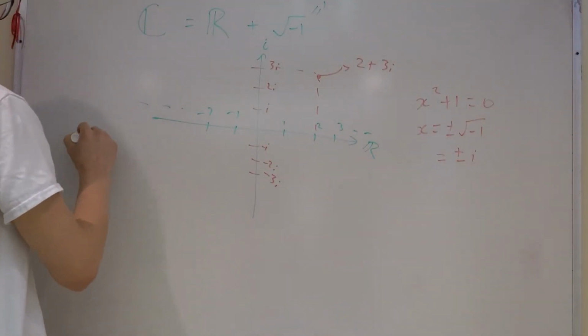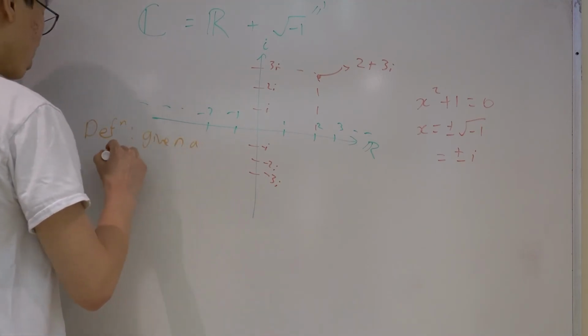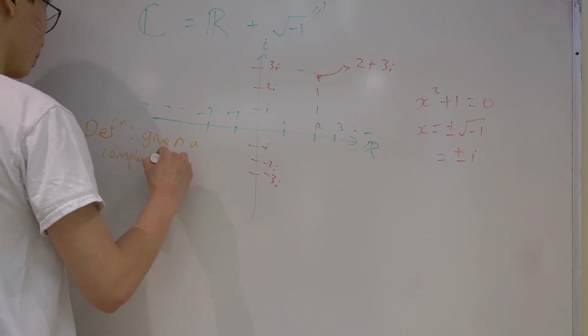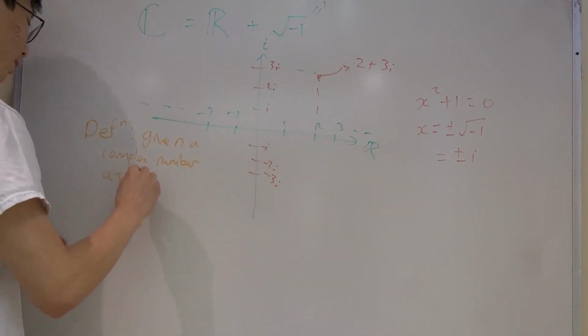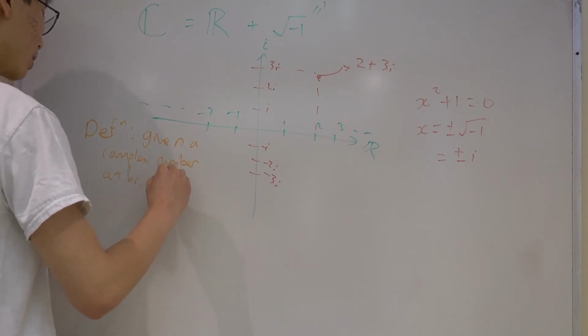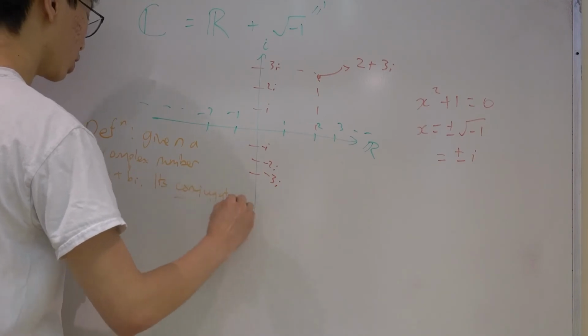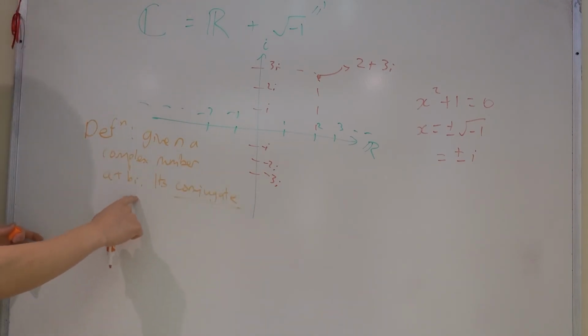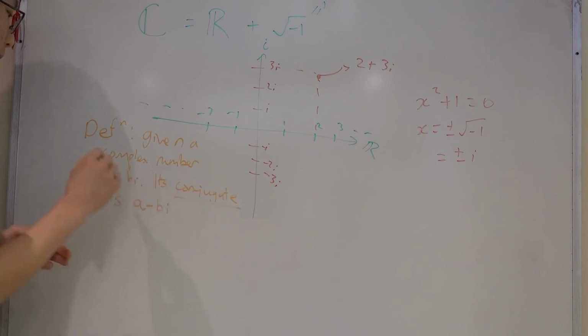So definition, given a complex number of the form a plus bi, its conjugate is just the number that is the exact same but reverses the plus sign on the imaginary component. So its conjugate is a minus bi.